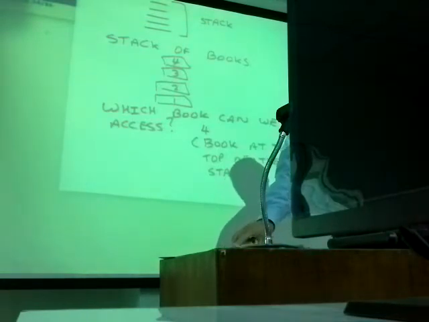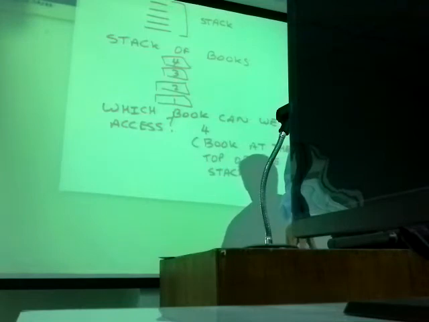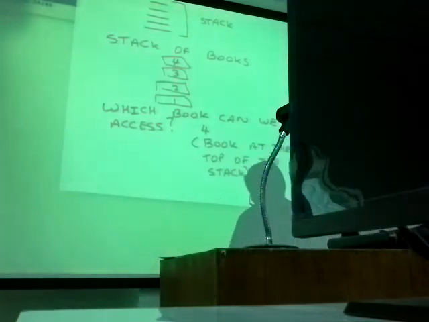So, a stack is very simple, actually. It's very easy. Very simple. Right.